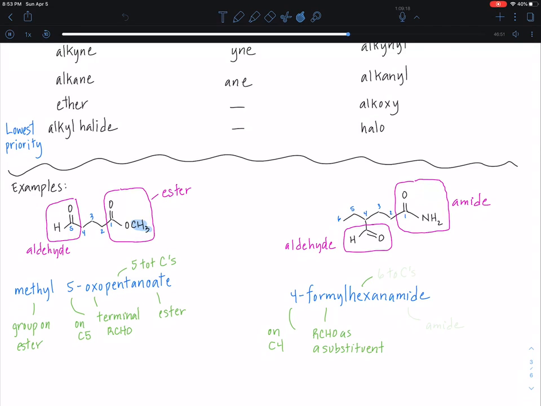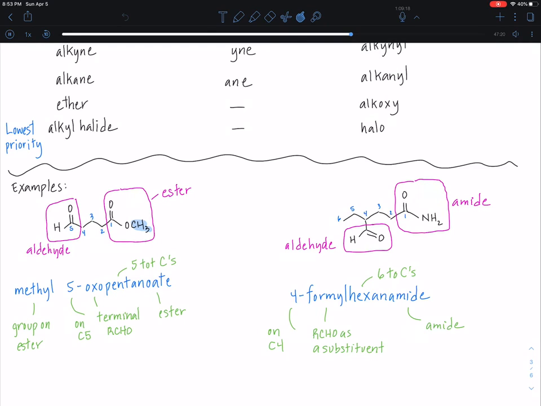We've got 6 total carbons in the whole molecule, and it's an amide. So that's probably as bad as it's going to get in this class in terms of nomenclature, where you've got 2 or more functional groups. You just have to refer to that list so that you can prioritize your groups.